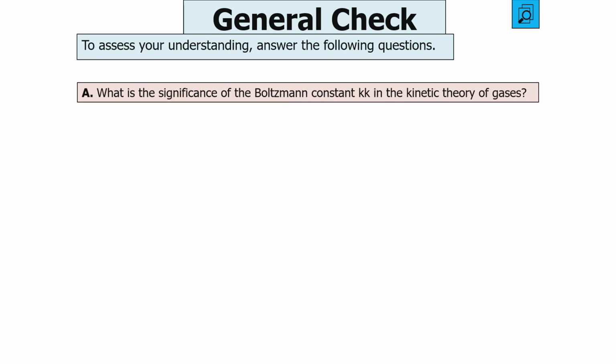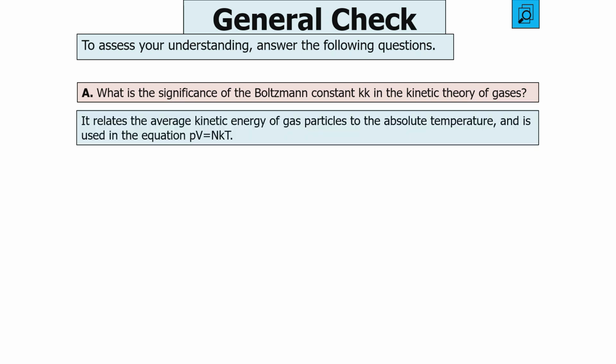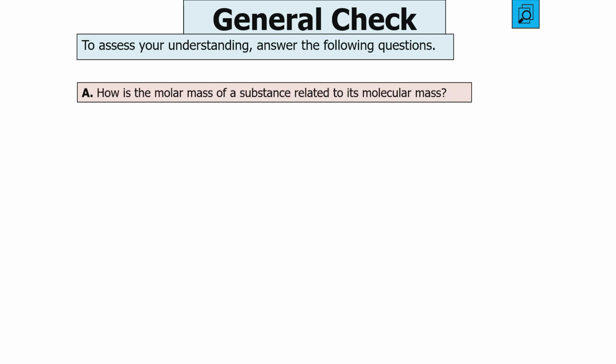What is the significance of the Boltzmann constant k in the kinetic theory of gases? It relates the average kinetic energy of a gas particle to the absolute temperature, and it's used in the equation PV equals NkT.